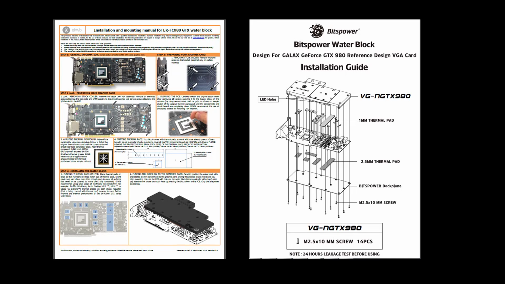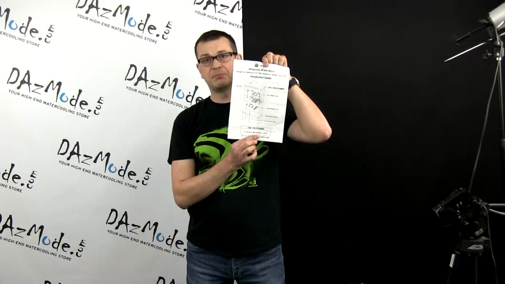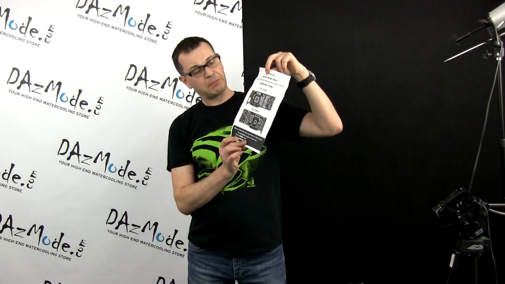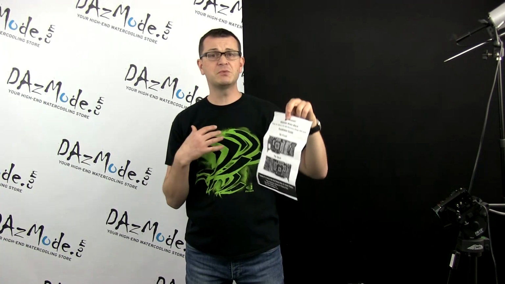And moving further, in terms of the actual manual itself, EK gives you a little bit more detail. Bistpower is pretty much self-explanatory pictures, which for me was really easy to follow, but there is no wording whatsoever, while EK gives a little bit of explanation. I think it's for the guy or girl who would be working on the installation of a GPU block for the very first time in their life.